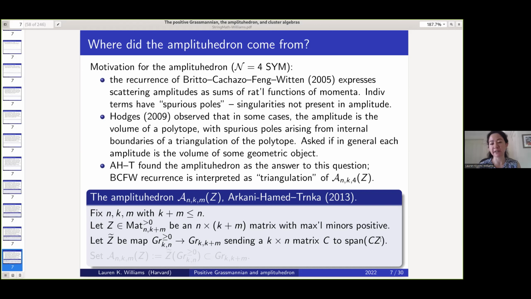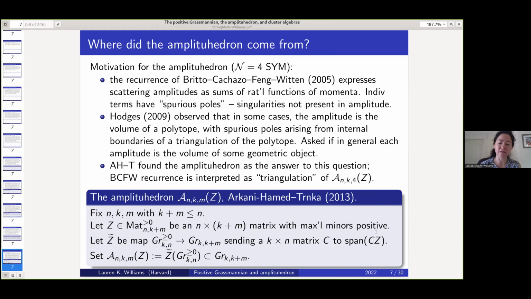It's a lemma to check that it has full rank. And so its span represents an element in the Grassmannian of k-planes in (k plus m)-space. So this is the map Z tilde. And now the amplituhedron is just the image of the positive Grassmannian under this map Z tilde. So this is a subset of the Grassmannian of k-planes in (k plus m)-space.